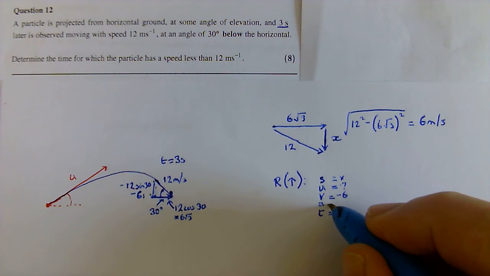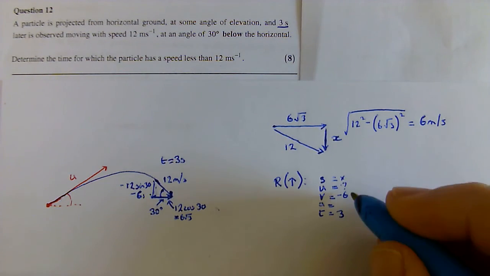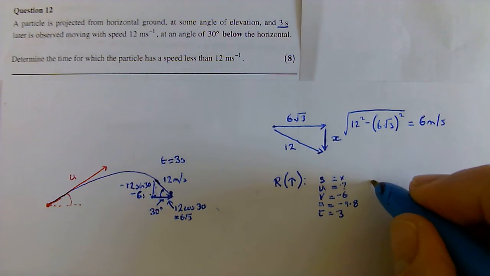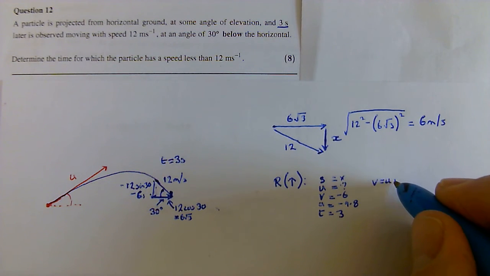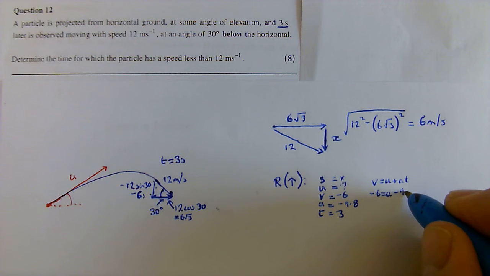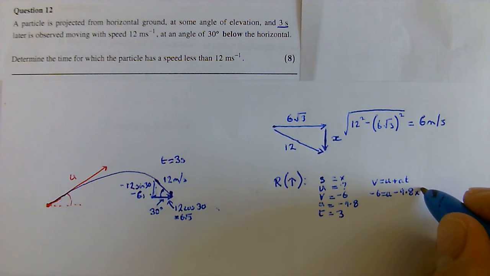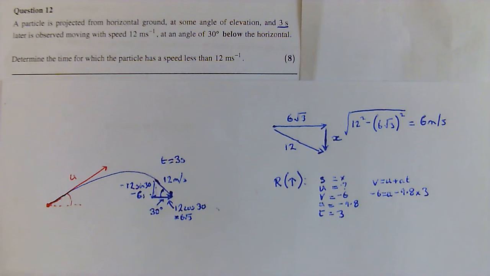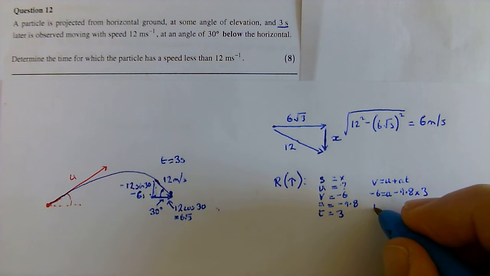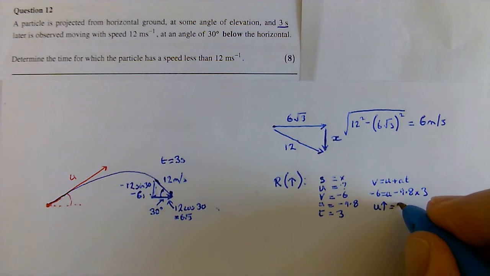And I know that the acceleration is minus 9.8. So I can now use v equals u plus at to find out what u is. So minus 6 equals u minus 9.8 times 3. That tells me that the vertical component of u is equal to 23.4 meters per second.